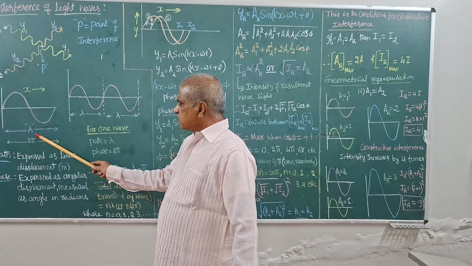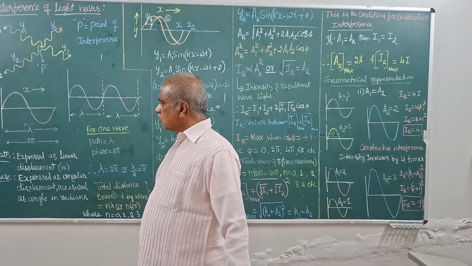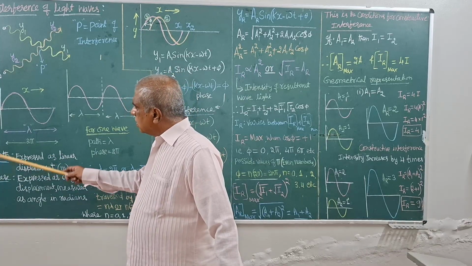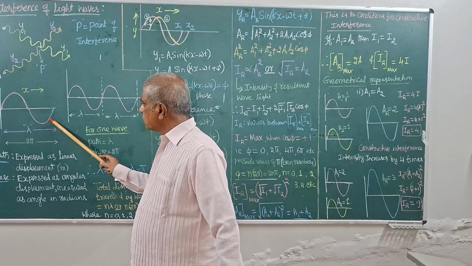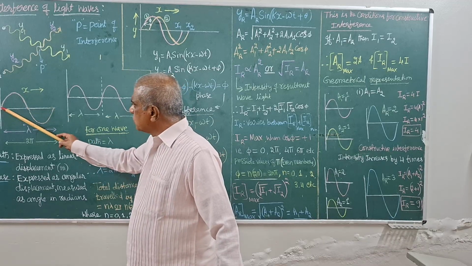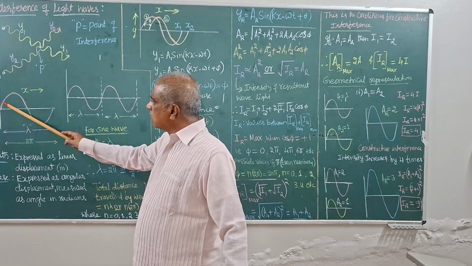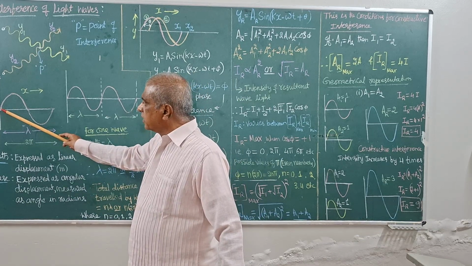Here linear displacement is in meter, of course, from here to here. What is 2 pi? Since the point is moving along this smooth line like this, while the point is moving along this, the angle changes. Every point on this line can be expressed as an angle in radians.